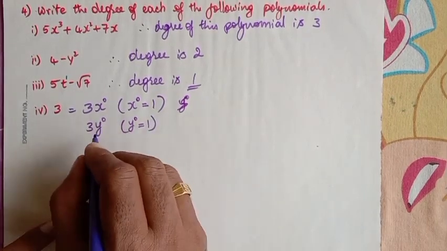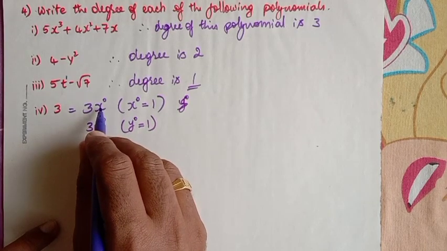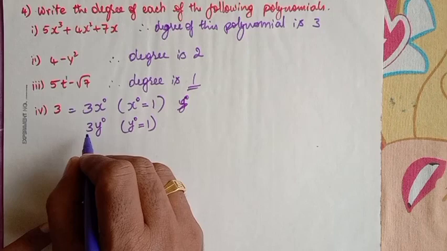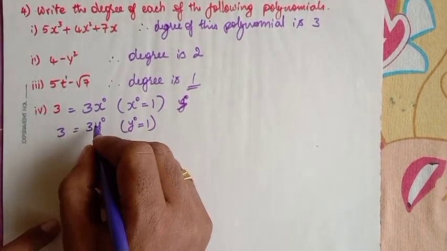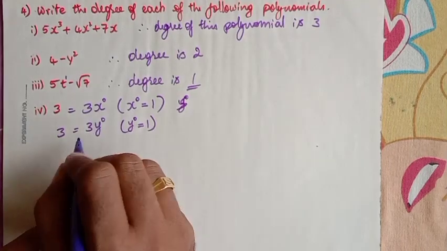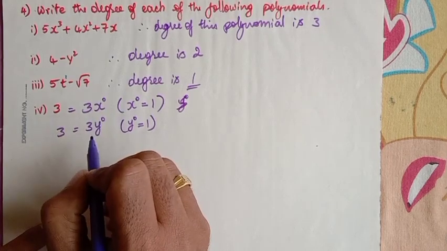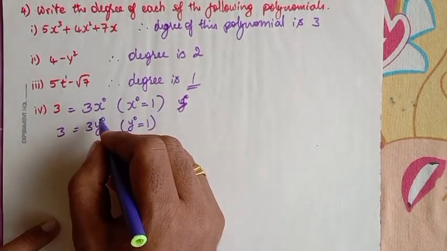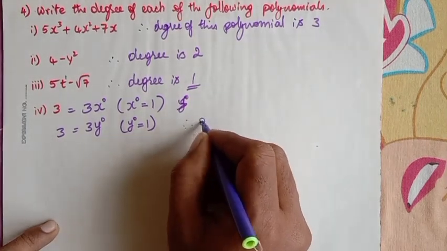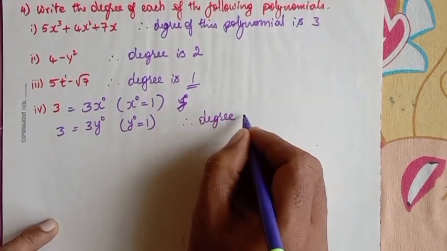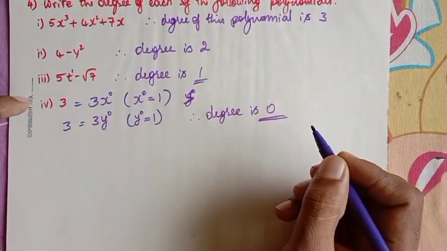If you write like this the variable is x, and if you write like this the variable is y. We need not worry about the variables. We need only the exponent. Therefore, the exponent in both cases is 0. Therefore, degree is 0 in the fourth case.